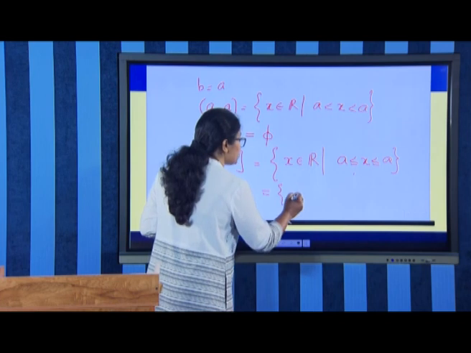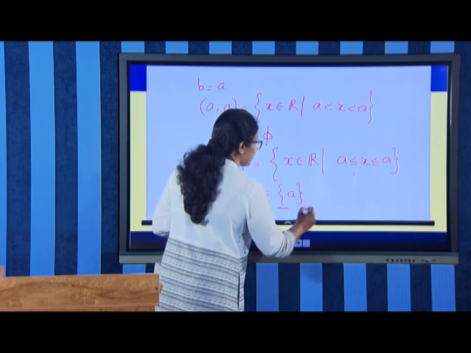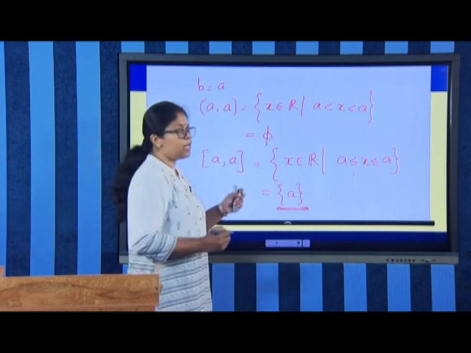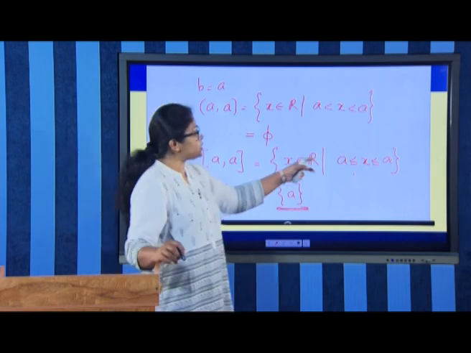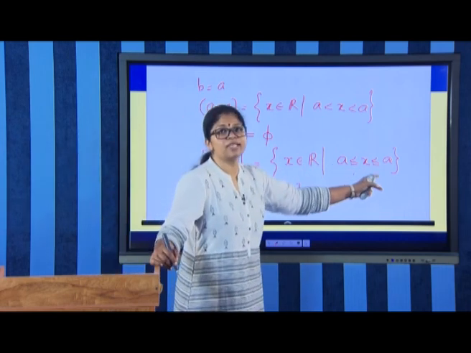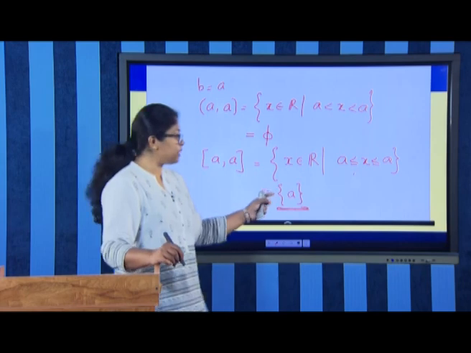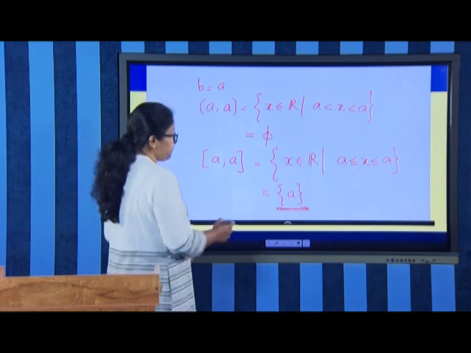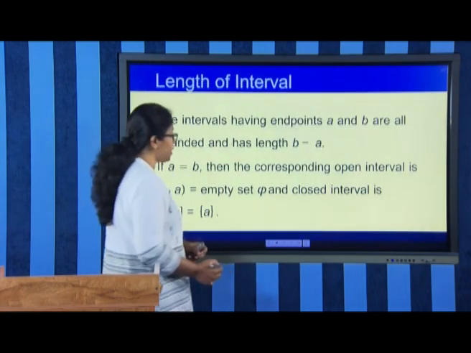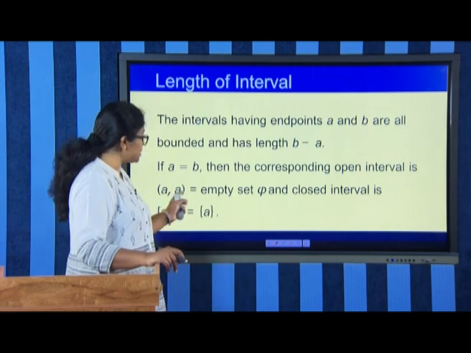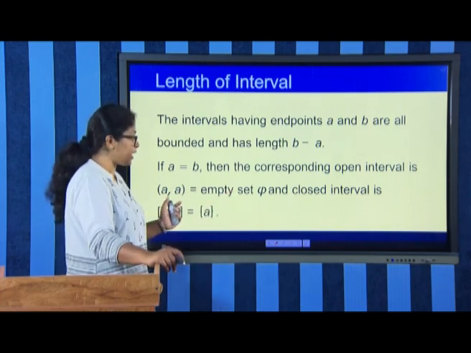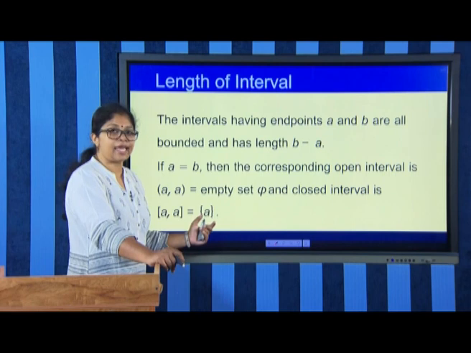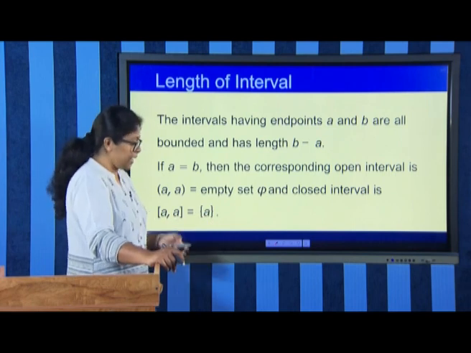So, this is equal to the singleton set {a}, because only the real number a satisfies the condition that a is less than or equal to x less than or equal to a. That is why we can define the empty set phi as the open interval (a, a) and the singleton set {a} as the closed interval [a, a].